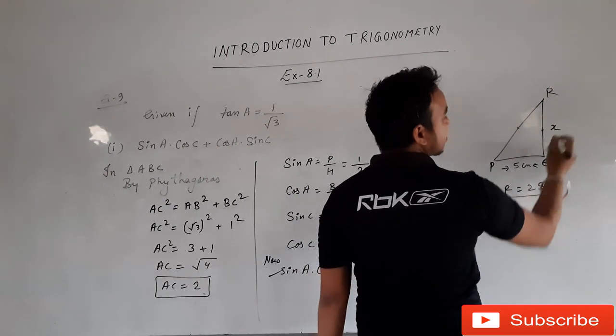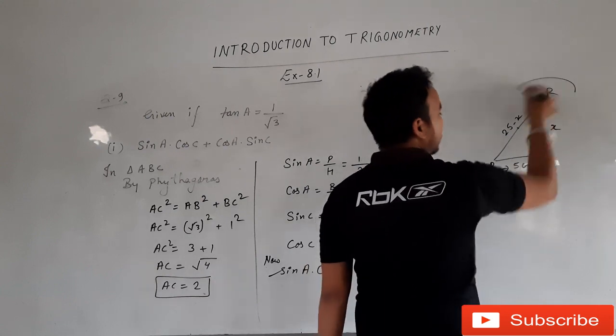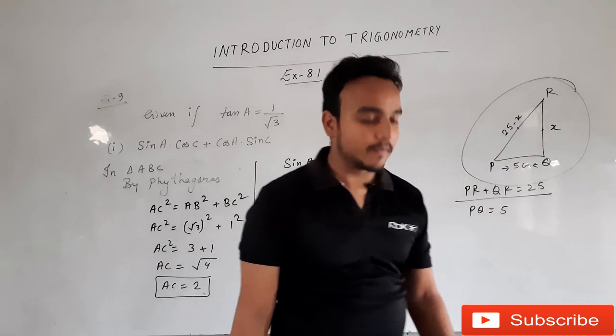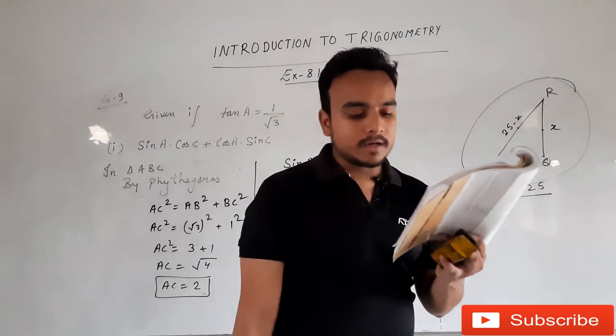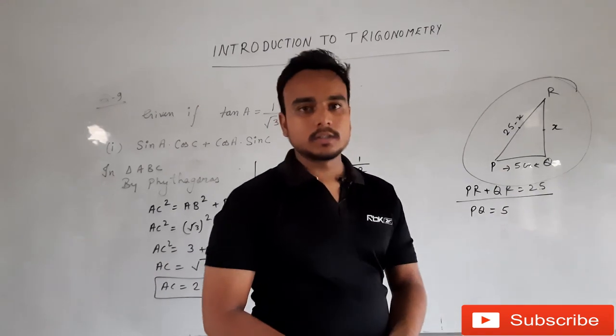Let this be X, then automatically this will be 25 minus X. After it, you can solve by Pythagoras theorem and calculate the value of X, and later on you can determine all the values. And the next question is true false.